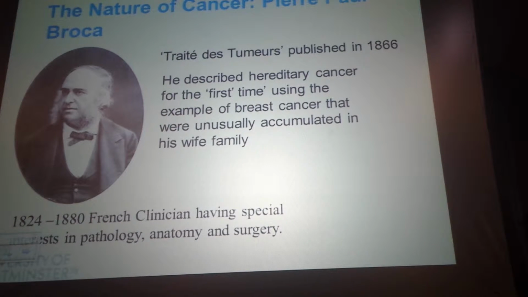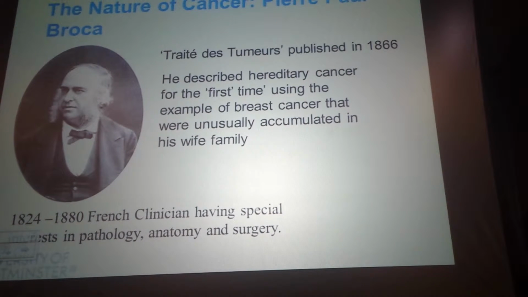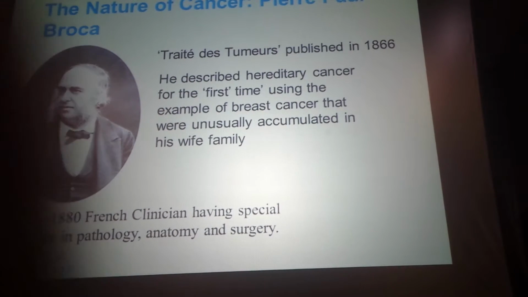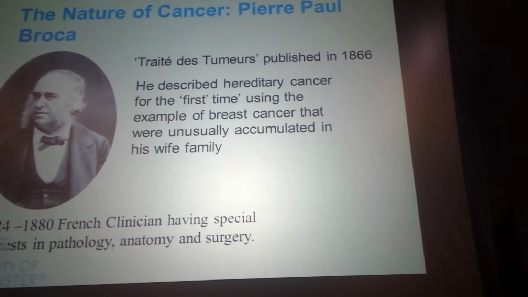And so he understood that there was something which was transmitted over the generations to the offspring, but it must have been latent, because a daughter who was born years after a mother or grandmother took years and years before developing a breast cancer.